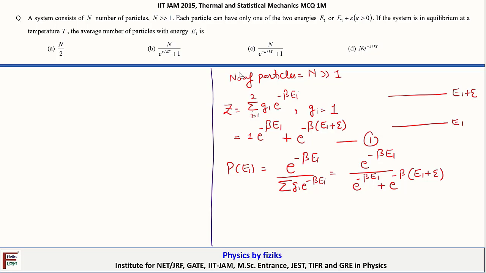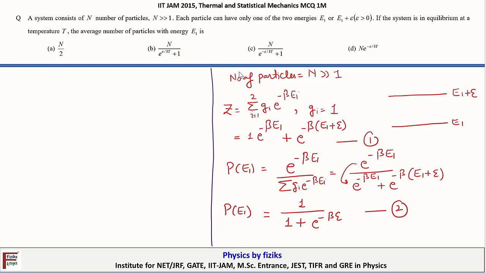After arranging all these terms, we can bring the exponential factor from the numerator into the denominator, and this turns out to be equal to 1 upon exponential beta E1 minus beta E1, which gives exponential 0, that is 1, plus exponential beta E1 multiplied by exponential minus beta (E1 plus E). So we will be ultimately left with e power minus beta E. So that is basically the probability. Let's call this equation 2.